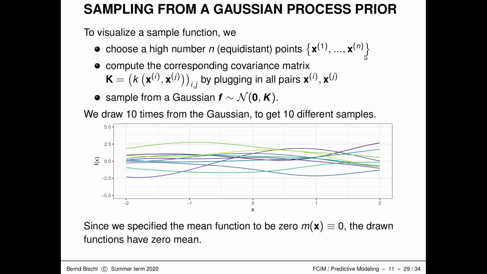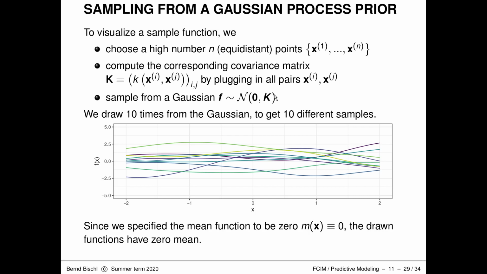And if n is super large, say 500 points on this interval from -2 to +2, that really now feels like a true function, although in the background, every computation and every mathematical operation was boiled down and reduced to simple finite dimensional linear algebra, because we're only working with Gaussians here.